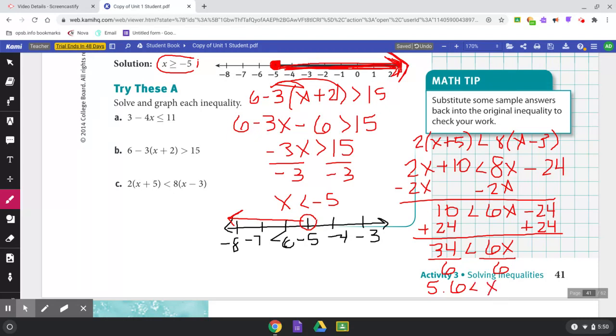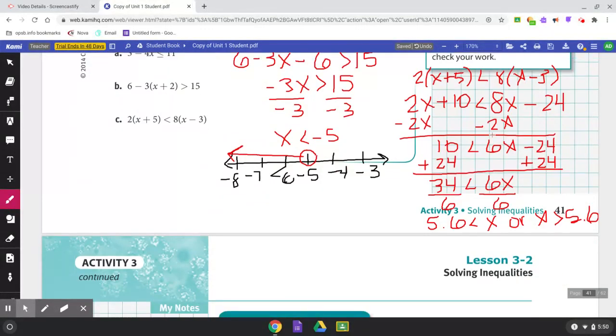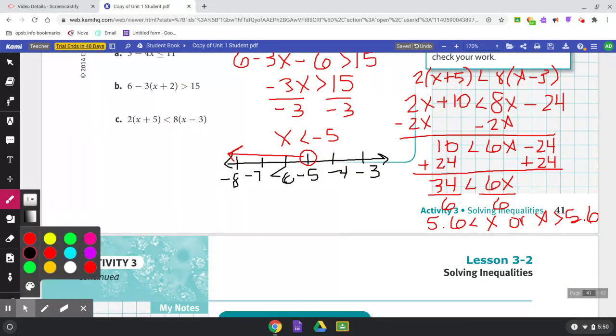Now remember, like I said above, you want to make sure you read that in terms of the variable. In terms of the variable, that is x is greater than 5.6. I have enough room to write my number line down here.